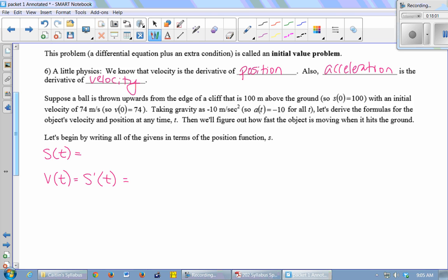Again, I don't know that formula just yet. And acceleration is the derivative of velocity, which is the derivative of position. So the velocity is s double prime. I'm sorry, acceleration is s double prime.